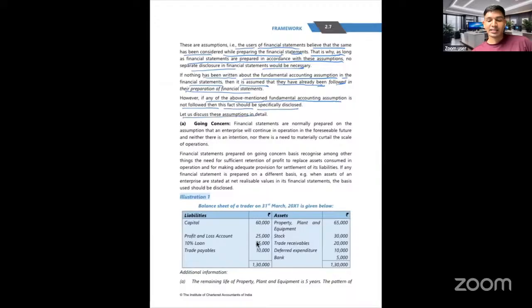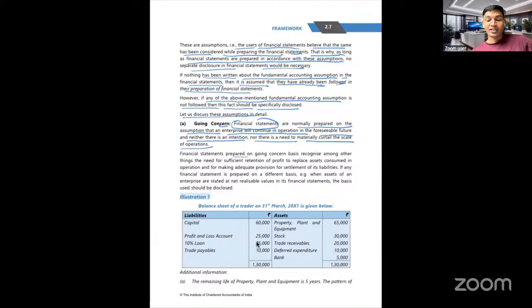Let us discuss these assumptions in detail. Going concern: the financial statements are normally prepared on the assumption that an enterprise will continue in operation in the foreseeable future, and neither is there an intention nor a need to materially curtail the scale of operation.